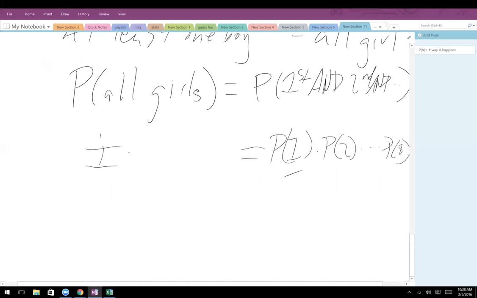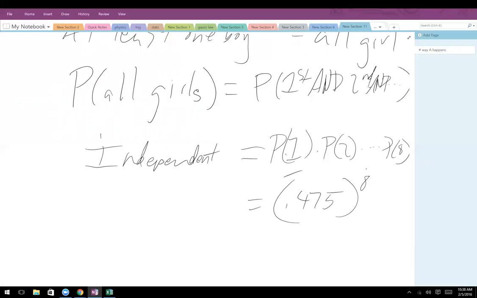Again, this is just because they're independent. Normally, you'd have to think, okay, what's the probability the second one's a girl given that the first one was? But anyway, that's just 0.475. They're all 0.475. So 0.475 to the eighth. So that's the probability of getting all girls.